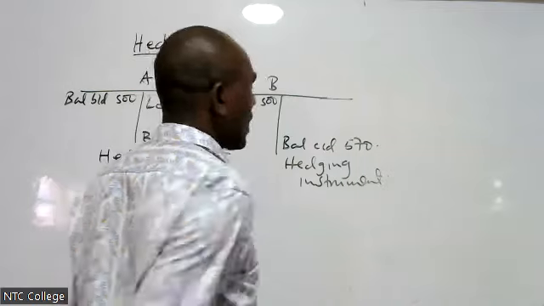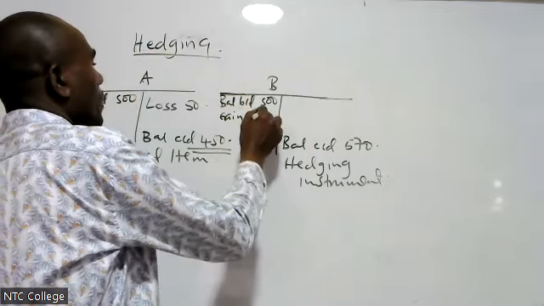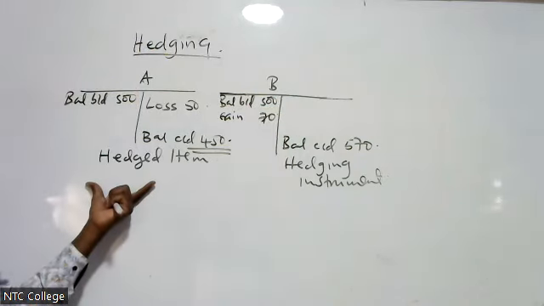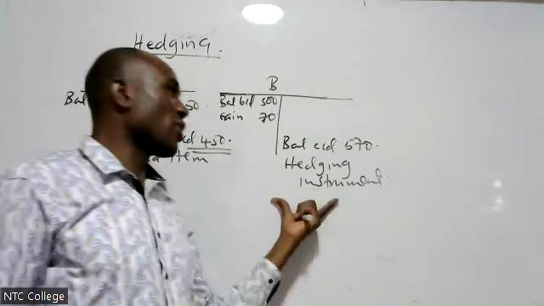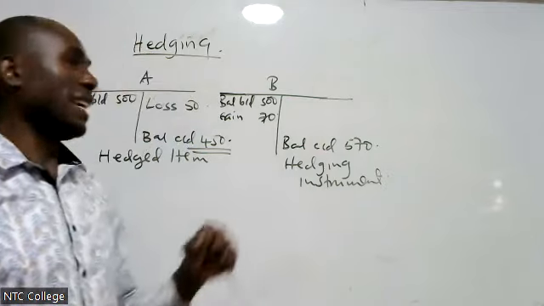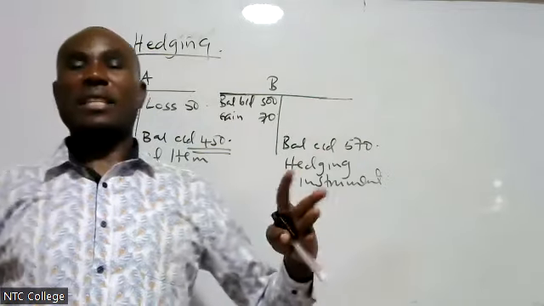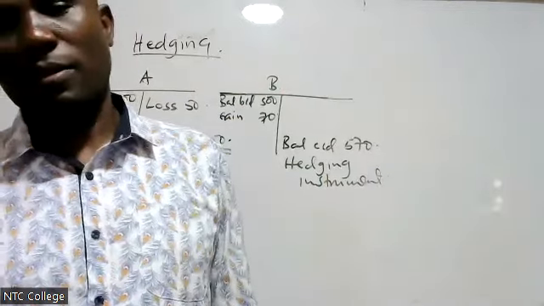Therefore, there is a very big gain of 70. On our hedged item, I have made a loss of 50. On my hedging instrument, I have made a gain of 70. Therefore, the question is, how do we account for this in our books?